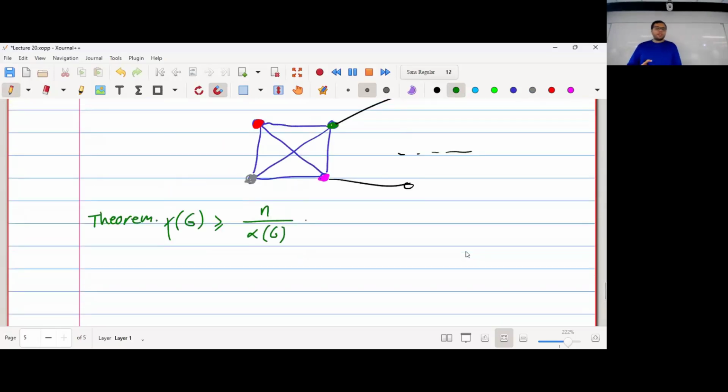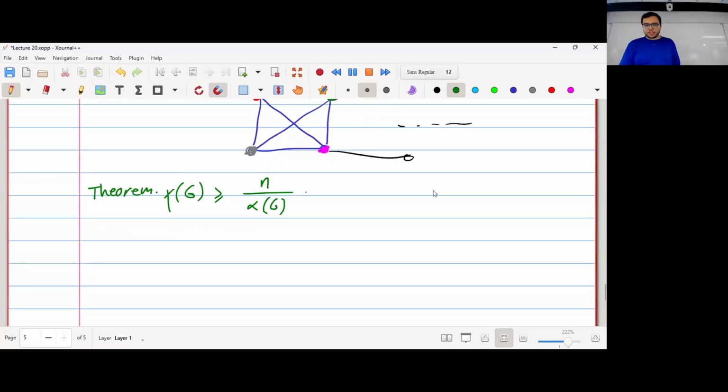So suppose that I have a graph and suppose that I have colored it with K colors. Okay. And then I look at all the vertices of color 1. All vertices of color 1 are going to be an independent set. Because by definition, if it's a proper coloring, it's not going to assign color 1 to 2 endpoints of the same edge. So if I consider all the vertices that have color 1, there is no edge between them. They're an independent set. If I consider all vertices of color 2, they're also an independent set.